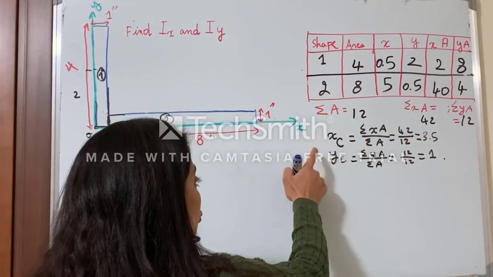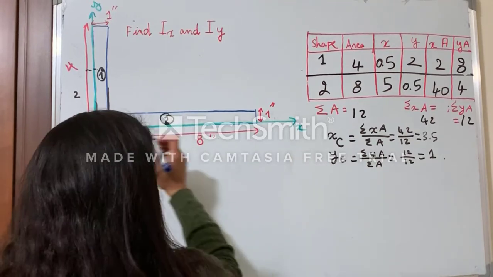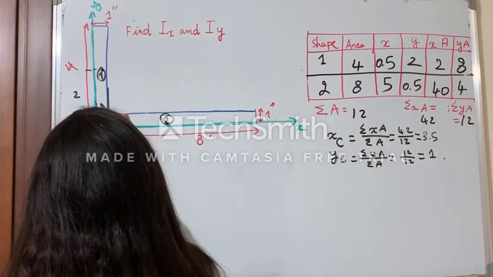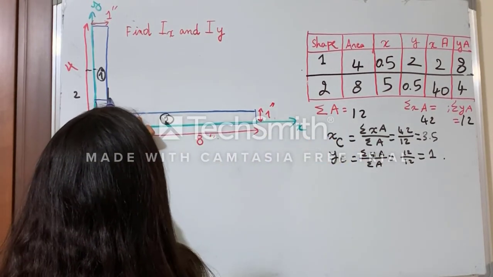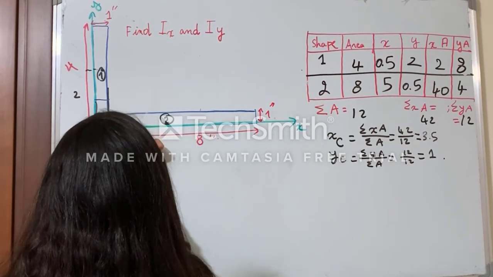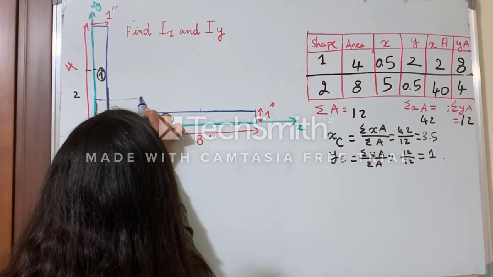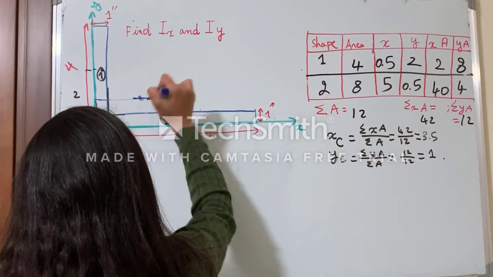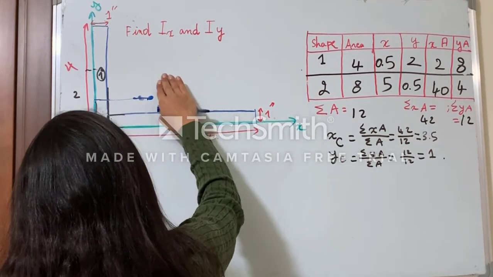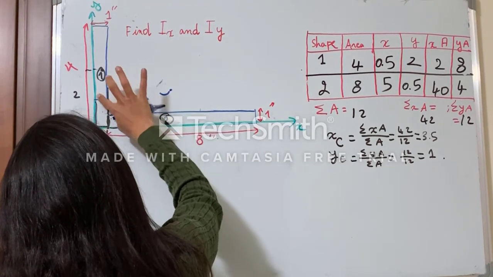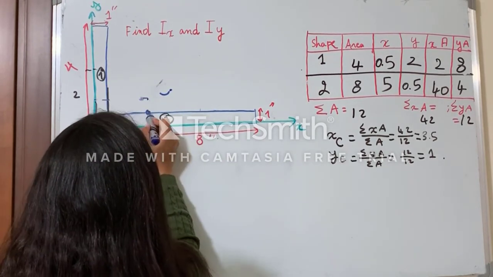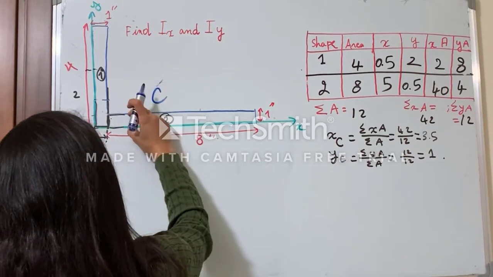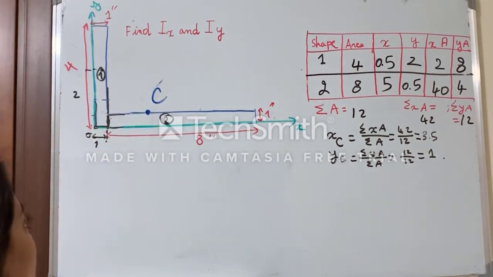Let's first draw C. Alright, so C will be at 3.5. So basically, guys, this is 1 and I have 4 here. So basically, C will be a point, let's say, here. And y of C is 1, which means, guys, that basically C will be on this line. So this is C. Okay, because this is equal to 1. Alright?